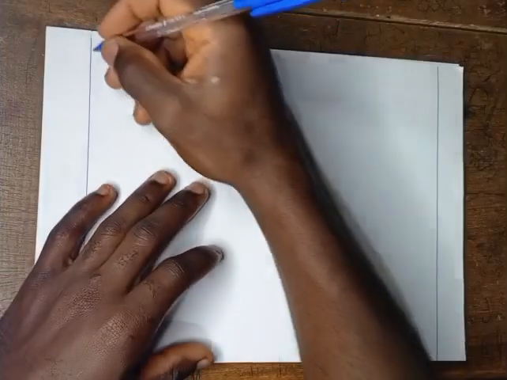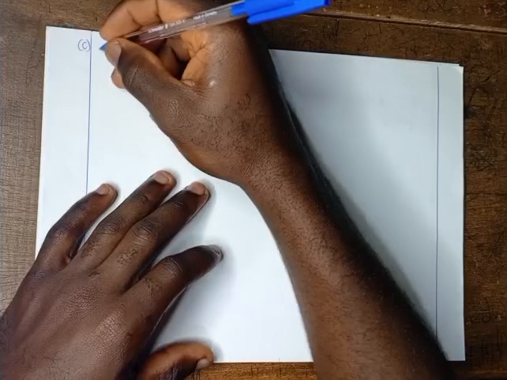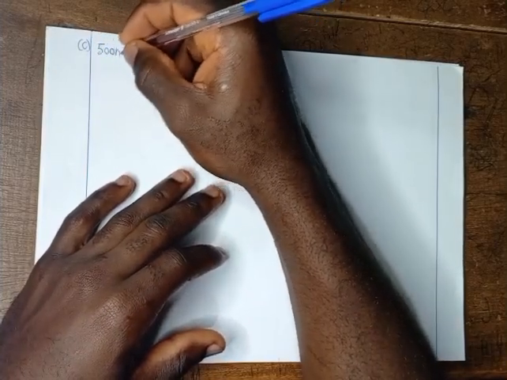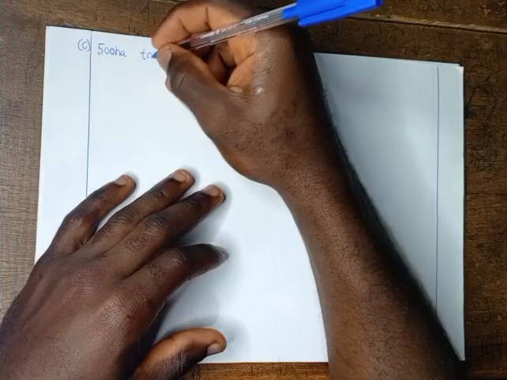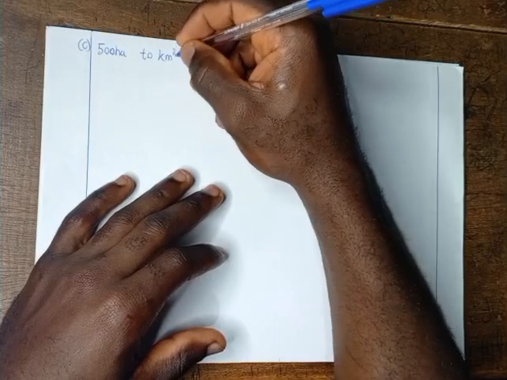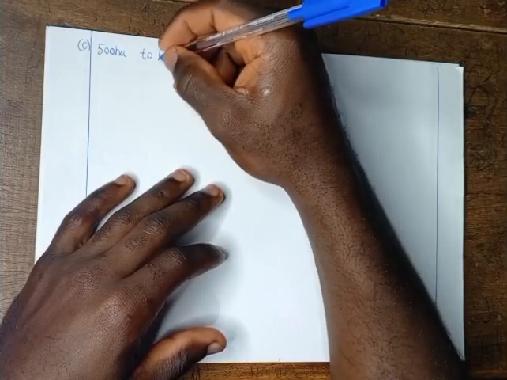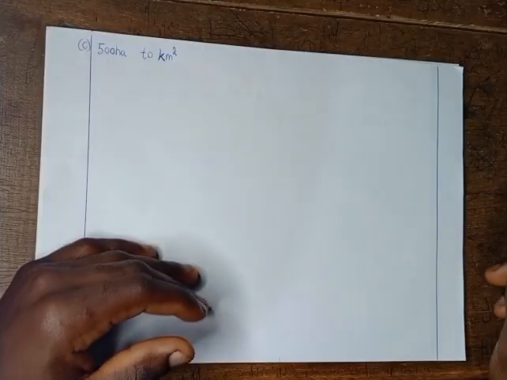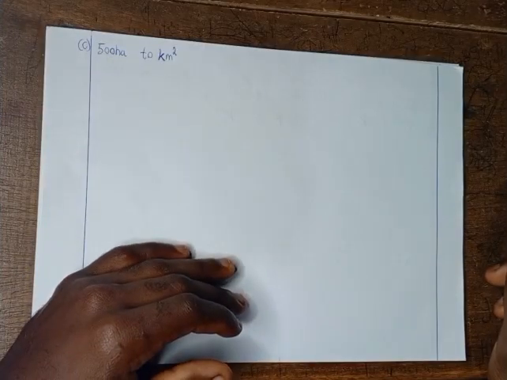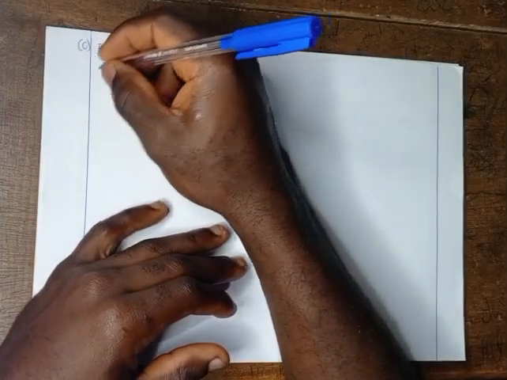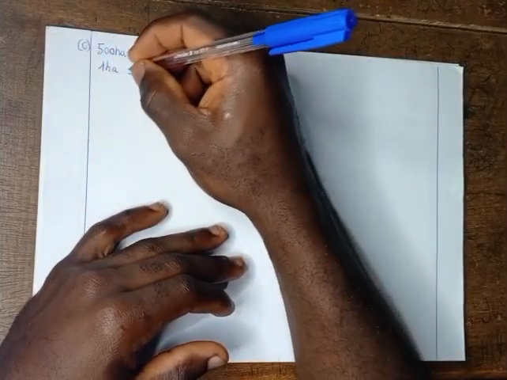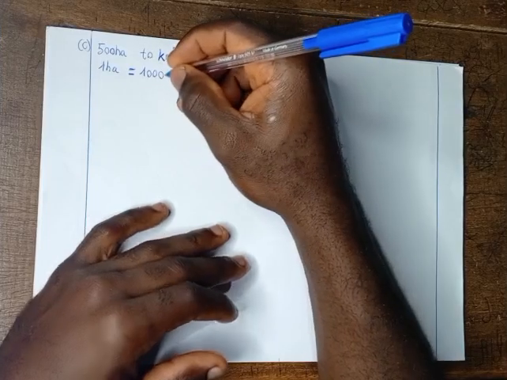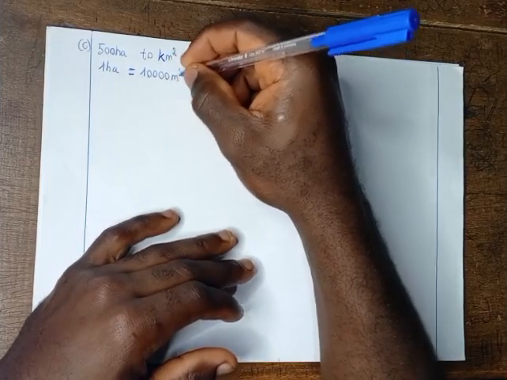For question C, we have to convert 500 hectares to kilometers squared. First thing, we know that 1 hectare is equal to 10,000 meters squared.